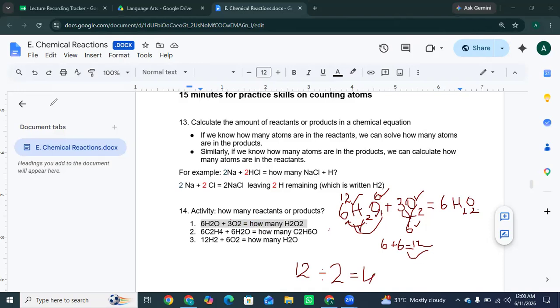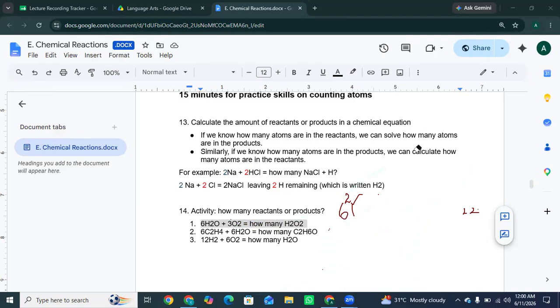Let's do another example so you can understand it more easily. So the next one is 6C2H4 plus 6H2O.